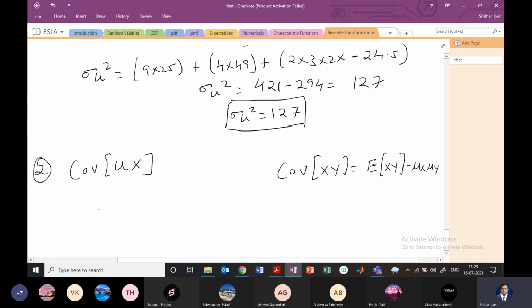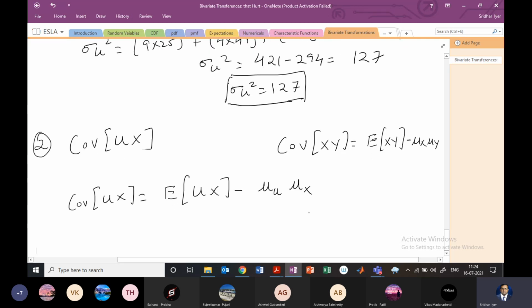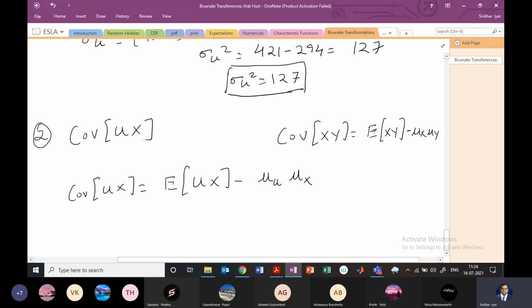So if you want covariance of ux, as in this case, so covariance of ux will be E of ux minus mu u into mu x, right? Now we know that, or what is given to us, let me bracket so there is no confusion. This is the definition of covariance, the one that I'm putting in the bracket.